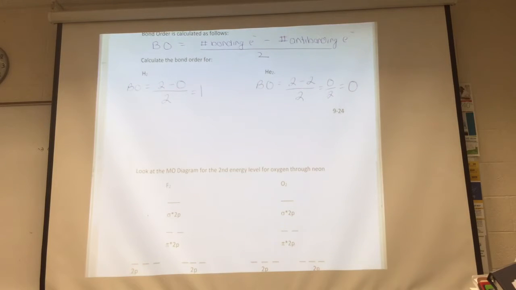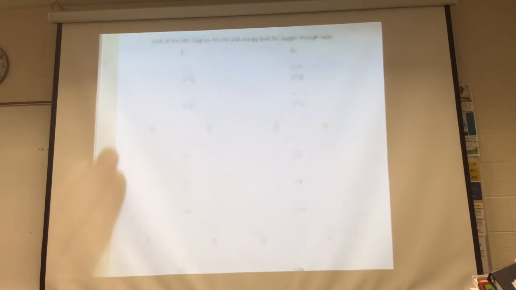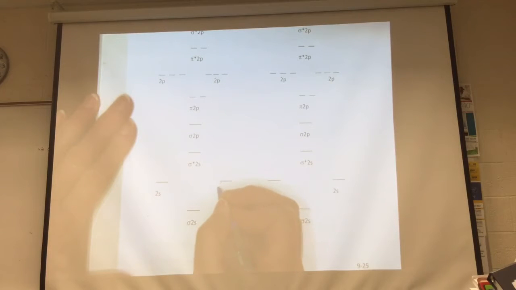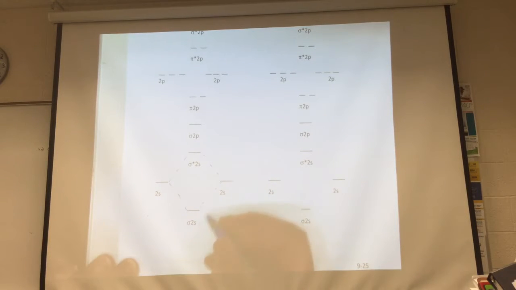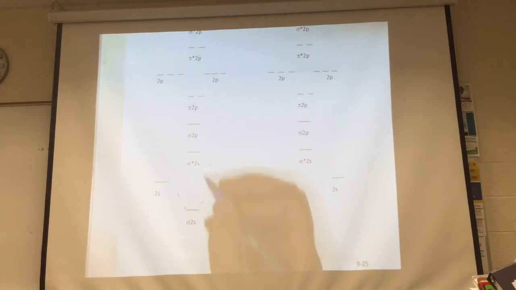Now, things get a little fancier when we get to the second energy level. On the first energy level, we only have one orbital, the 1s orbital. On the second energy level, we have the s orbital and 3 p orbitals. So the 2s orbitals can combine, just like the 1s orbitals did, and they can make the sigma 2s and sigma star 2s.